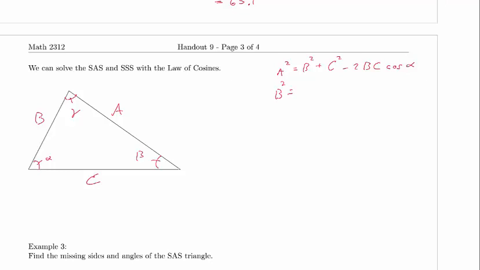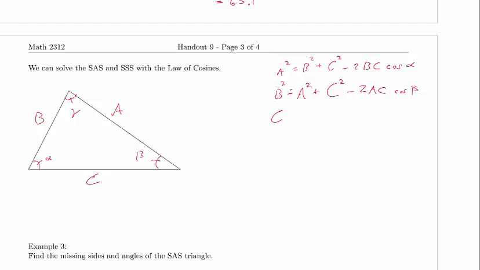All right, and so we have one for each angle, of course. B squared equals a squared plus c squared minus 2ac cosine beta. Again, opposite side of the angle right there.